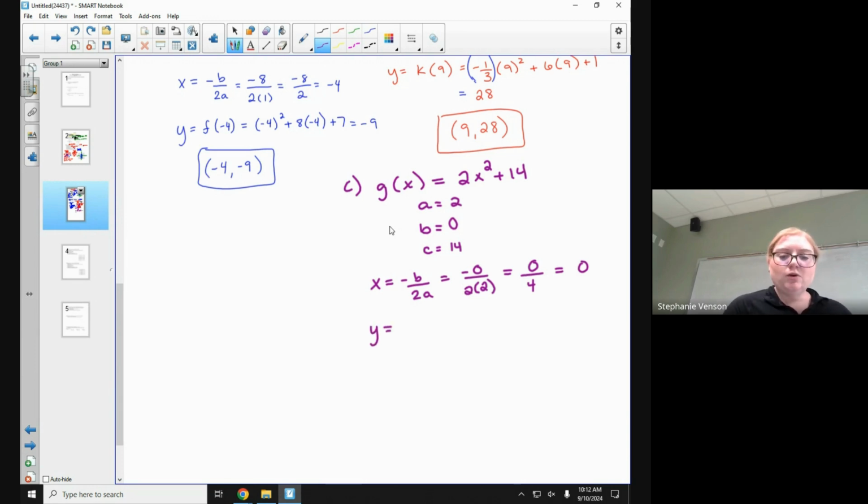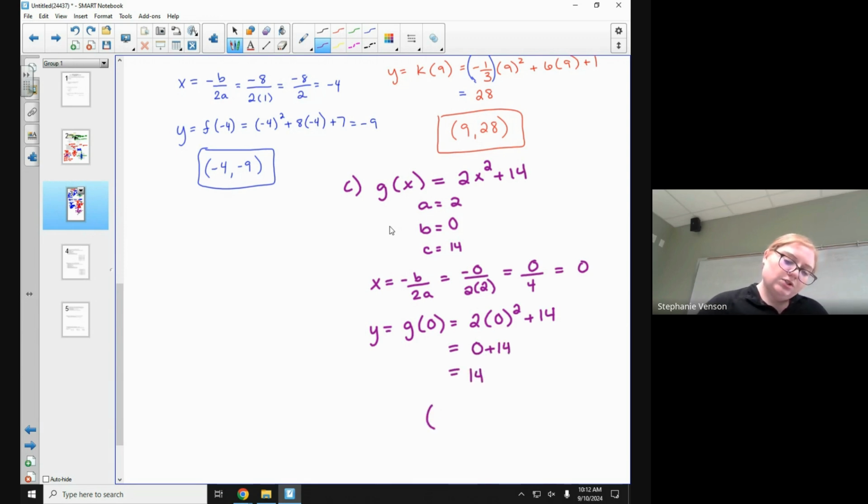To get the y value, I'm going to plug that back in. So I'm going to calculate g of 0, which is 2 times 0 squared plus 14. Of course, that's just 0 plus 14, which is 14. So 0, 14 is my vertex for the last one.